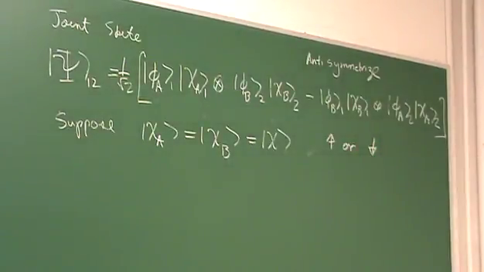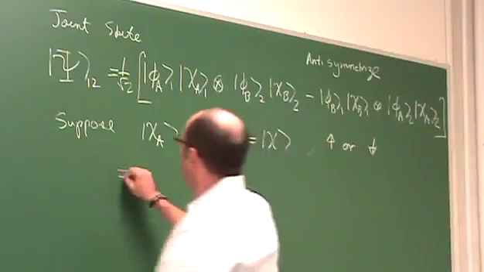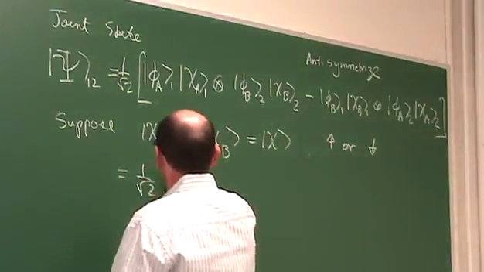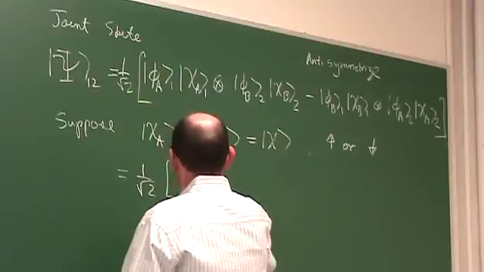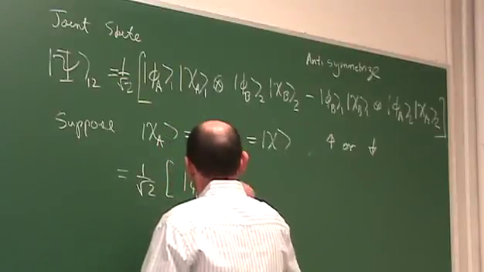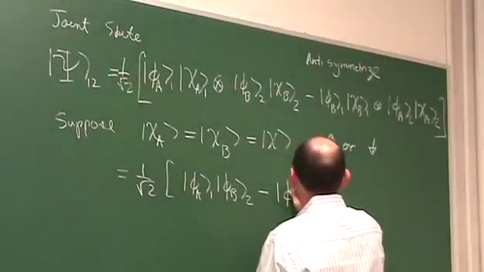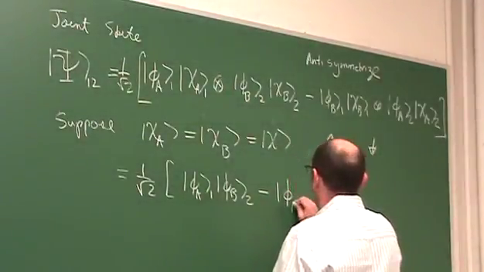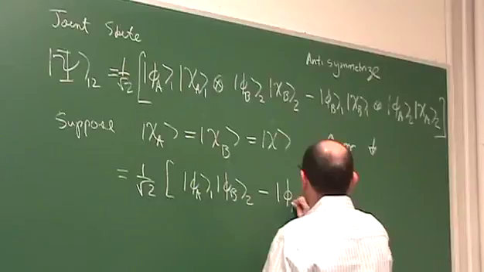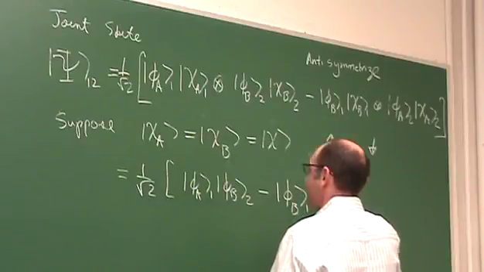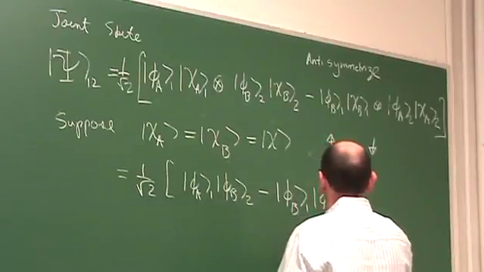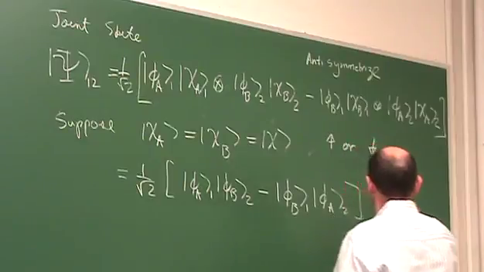They're both in the same spin state. Well, in that case, of course, this is the only possible state of the two electron system.